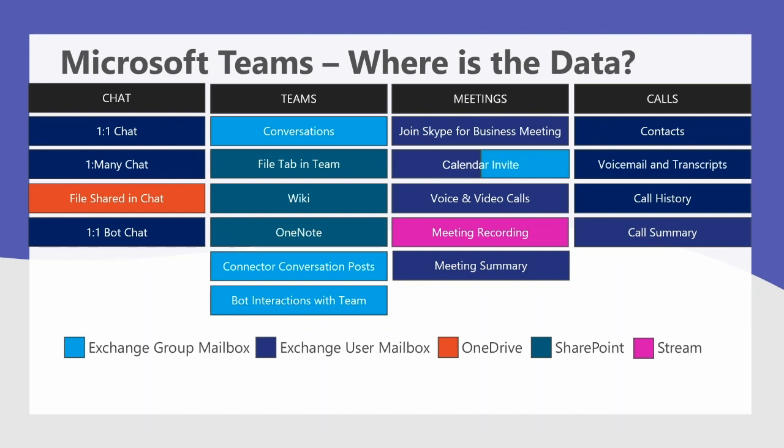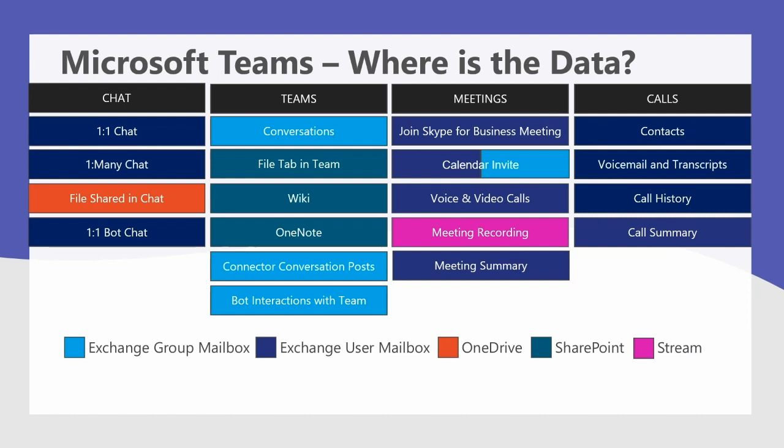And then depending on the meeting and the call information, it's going to sit in both the Exchange group mailbox or the Exchange users mailbox, depending if you create that meeting from within a channel versus you're in Outlook and you just add Teams information to the meeting invite.